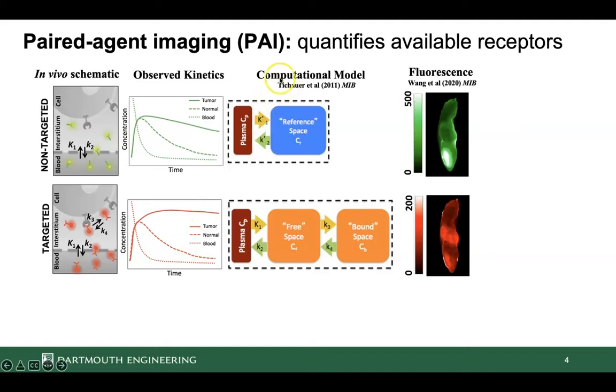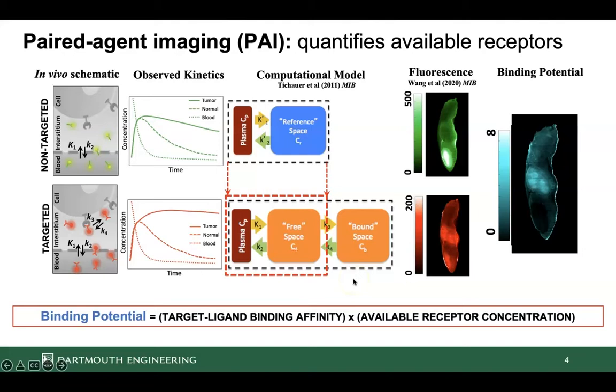So what we've done is we've come up with a computational model that uses a non-targeted dye that's injected simultaneously with our targeted dye, and we're able to remove the contribution from the plasma and the free space, so anything that is not bound to a receptor, and we're left with only the signal that's coming from the bound receptors. We can produce a secondary image, which we call a binding potential map, which is simply a ratio of the targeted to the non-targeted image.